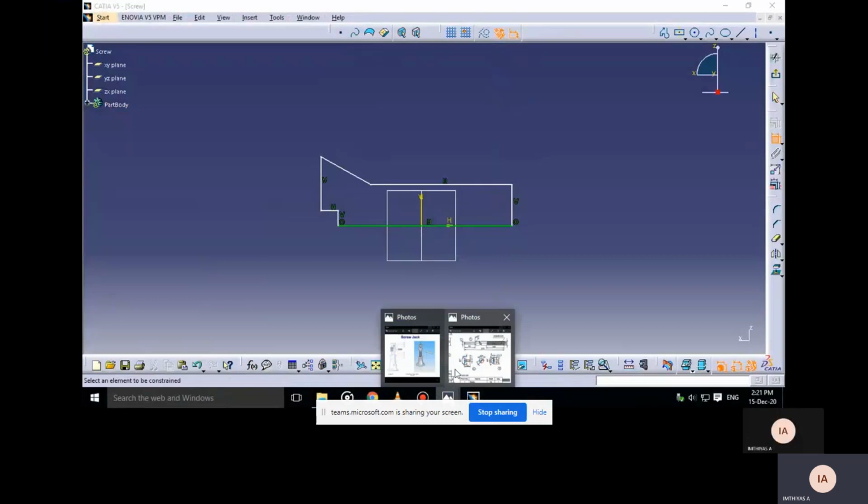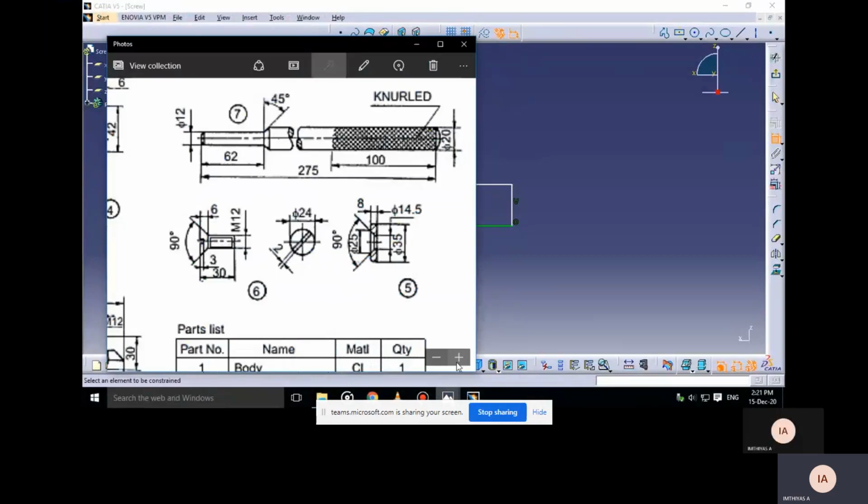Using constraints, the total length is 30 and it is M12.